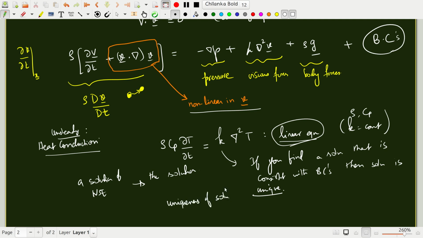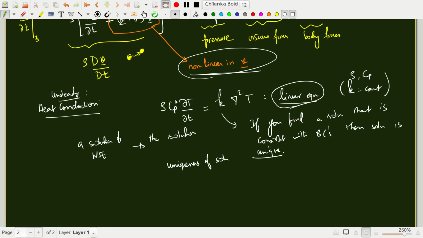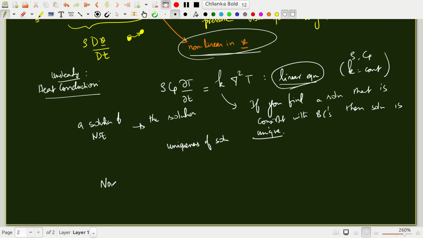On the other hand, if you find a solution to the Navier-Stokes equation, it doesn't automatically guarantee that there are no other solutions. That's because the Navier-Stokes equations are nonlinear in V. So it is the nonlinearity that is fundamentally essential for instabilities and onset of transition.